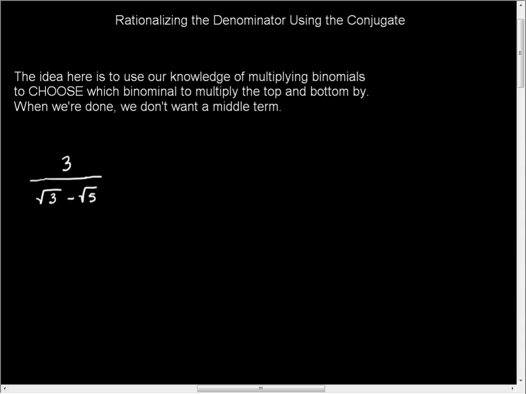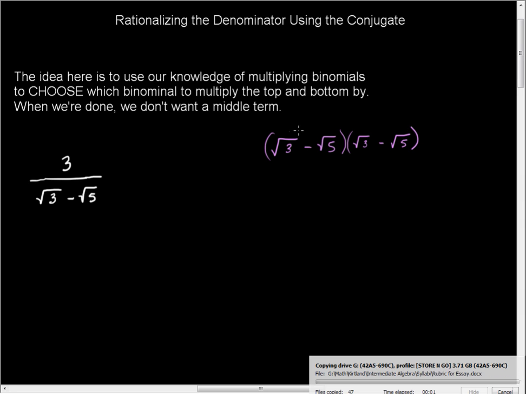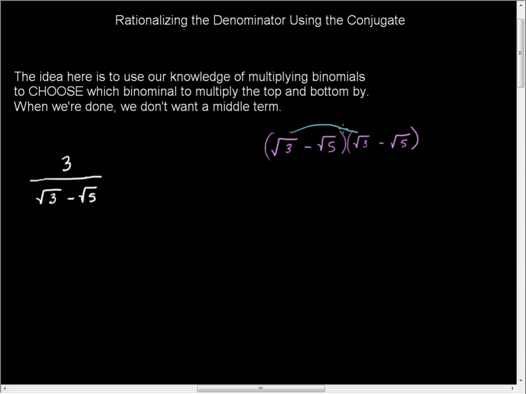So over here, let's just play a little bit and see what happens. If we use root 3 minus root 5, that's what we start with. Now, we're just guessing here. I'm going to say, if I have to multiply by root 3 and root 5 again, let's just see what happens. When I distribute, I get the square root of 9 minus the square root of 15.